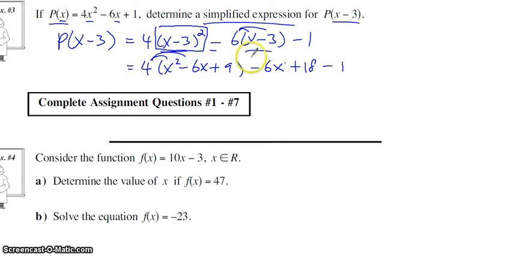This distributes. So let me write the final answer. 4x squared, 4 times negative 6x, minus 24x. Minus 24x minus 6x, that's minus 30x. Plus 36 plus 18 minus 1. So plus 53.